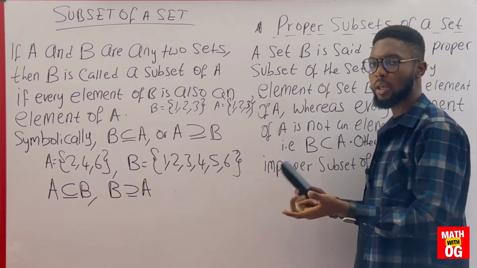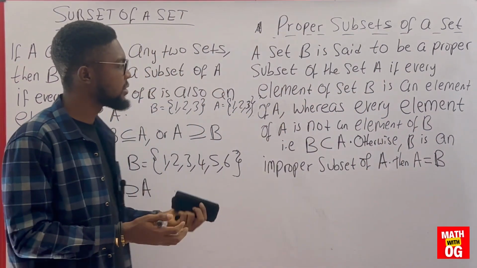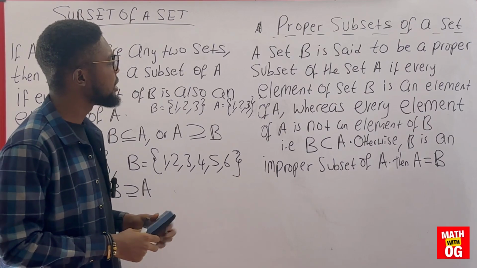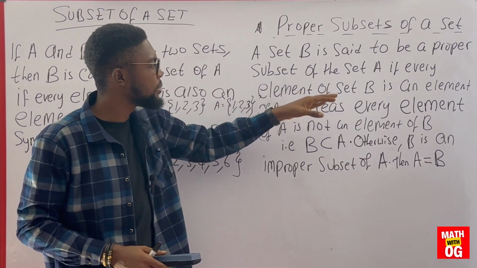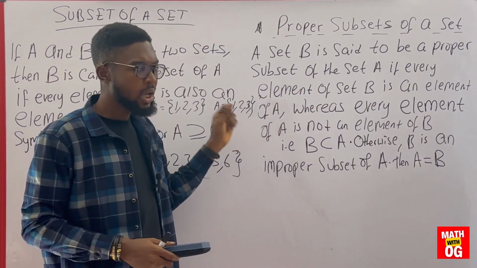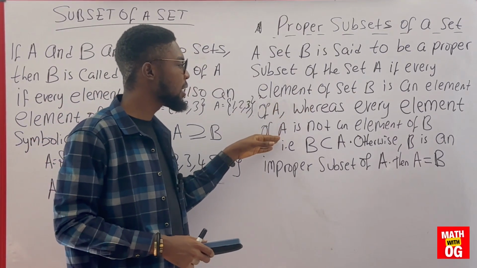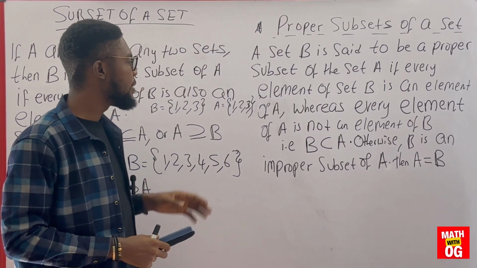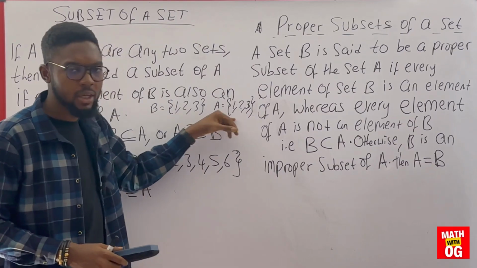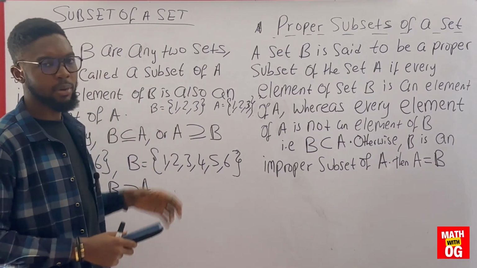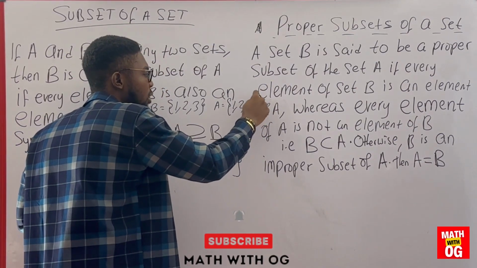Now, let's talk about proper subsets and improper subsets. Proper subset of a set. A set B is said to be a proper subset of the set A if every element of set B is an element of A, whereas every element of A is not an element of B. So this is taking us back to the original example, {1, 2, 3, 4}.